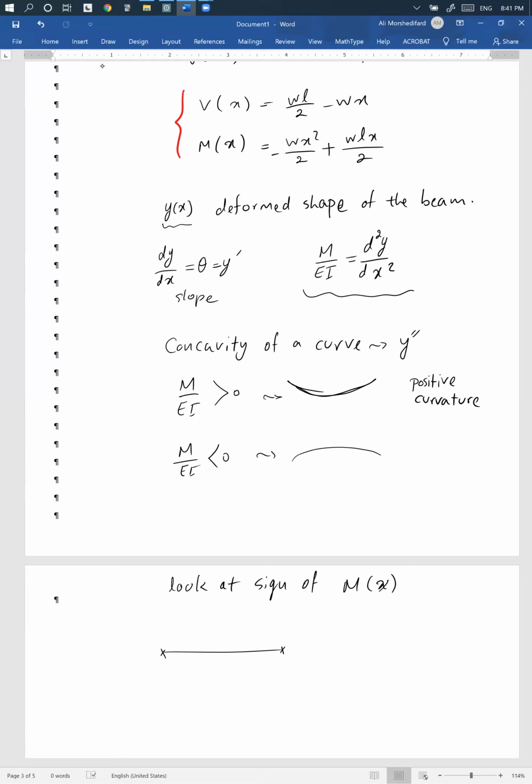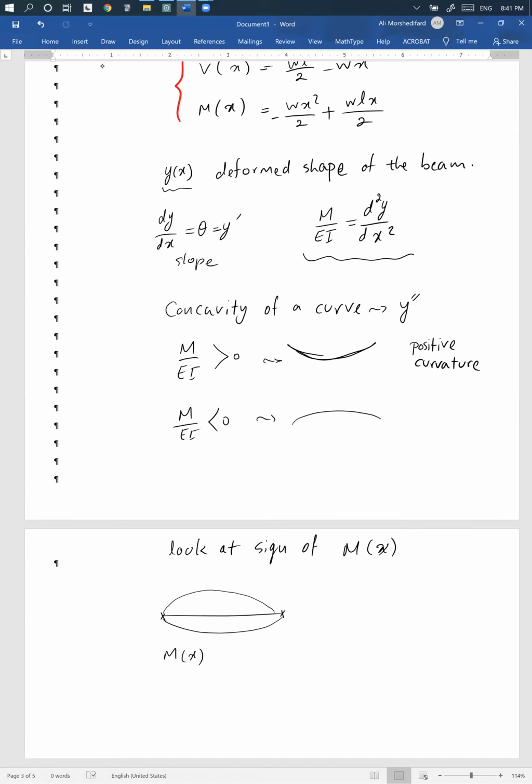I want to plot the moment. I know that it's a quadratic function, right? But what I don't know is, does it look like this or does it look like this? Again, it's a concavity issue. I'm plotting the moment diagram here, just as a side point for plotting quadratic stuff.